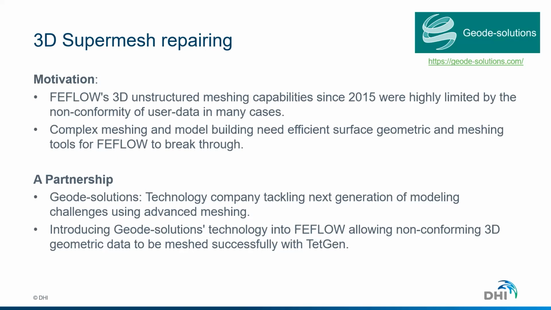The motivation behind this is that, as you know, FEFLOW introduced the first version of unstructured meshes with FEFLOW 7 back in 2015, which worked quite well. However, they were limited by non-conformity of user data.